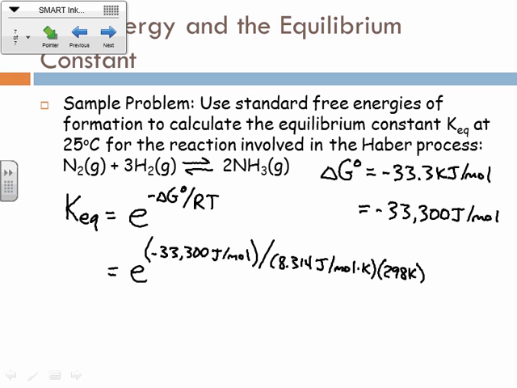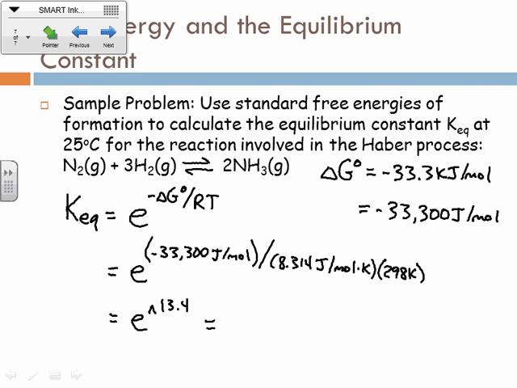When you divide these, I think it ends up being 13.4. Is that about right? 13.4? Okay. So basically you're going to do e to the 13.4 power when you punch it into your calculator, and that should give you your equilibrium constant for this reaction.